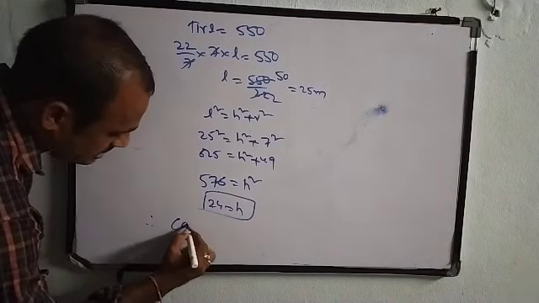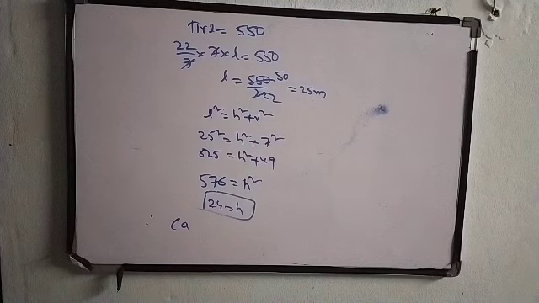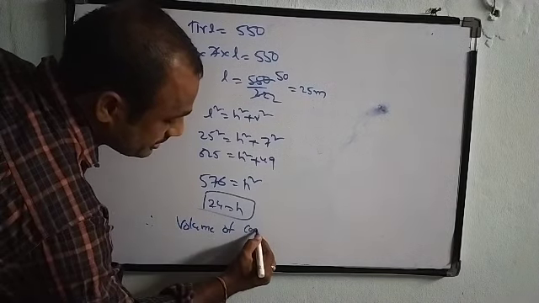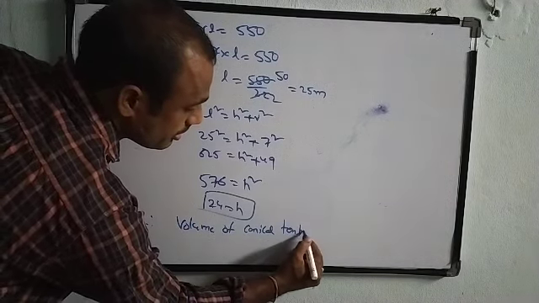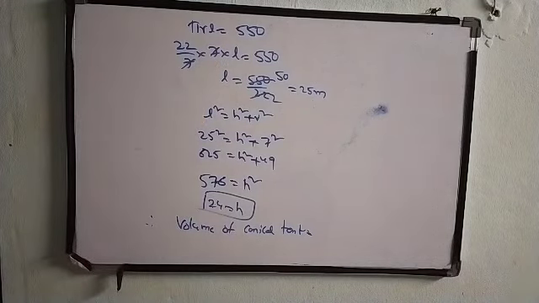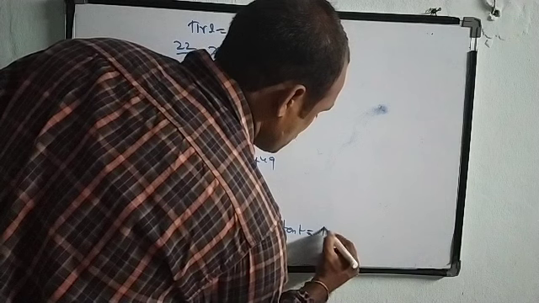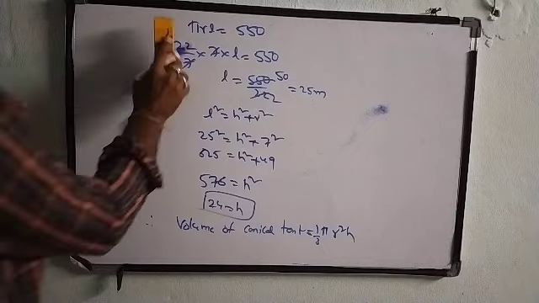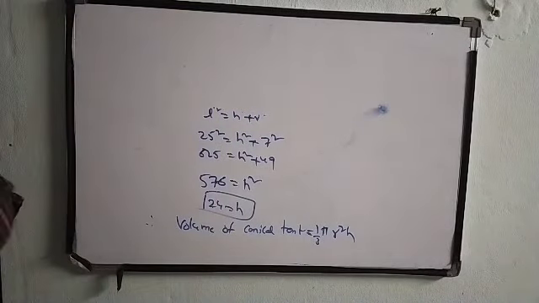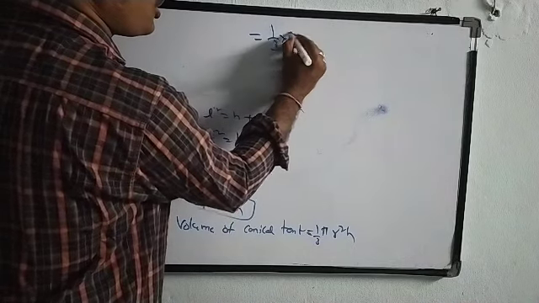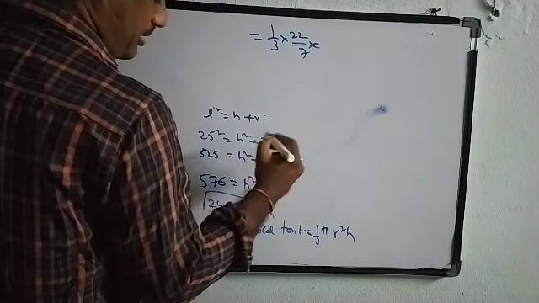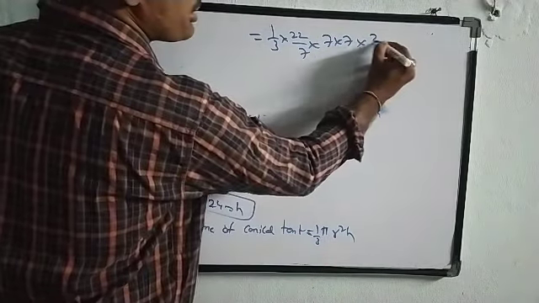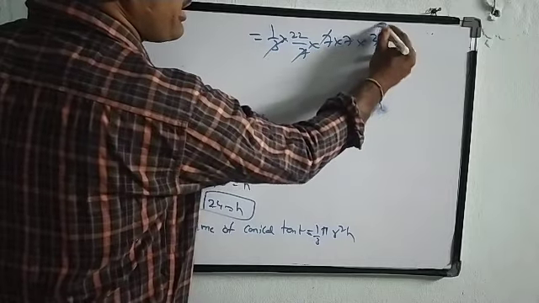So we need to find out the capacity. That is volume of conical tent, which is 1 by 3 pi R square H. So that is 1 by 3 into 22 by 7 into radius is 7 into H. Height we got it as 24. 7 7s get cancelled, 3 1s, 3 8s.